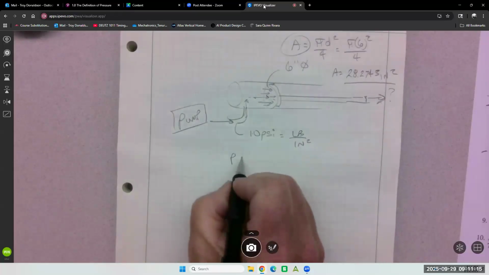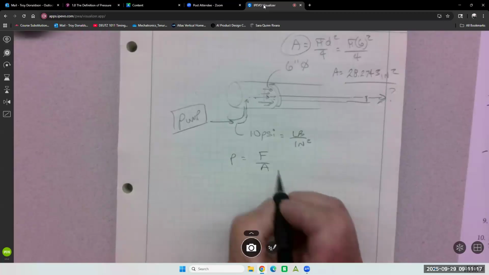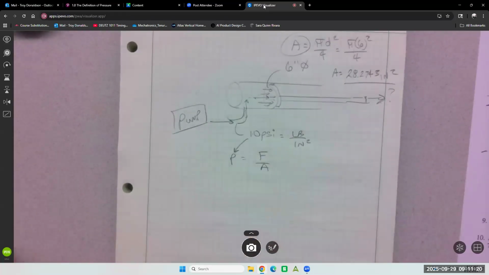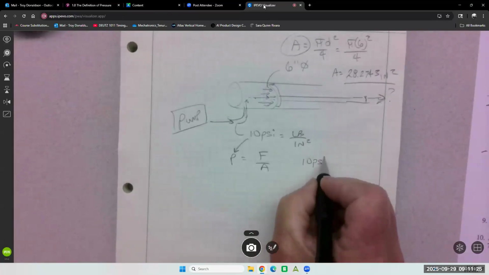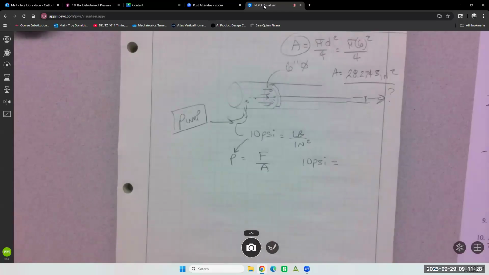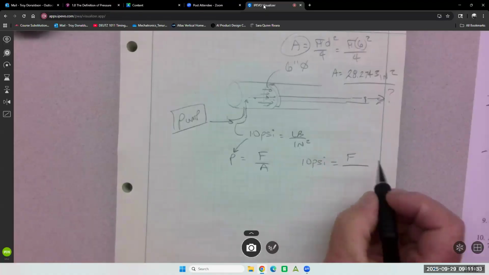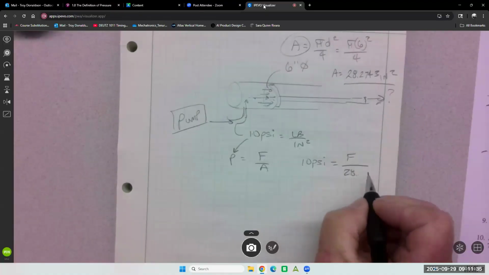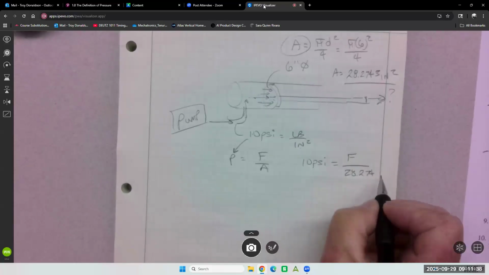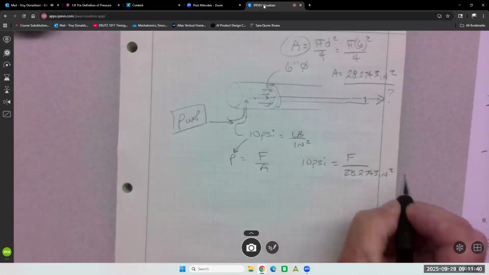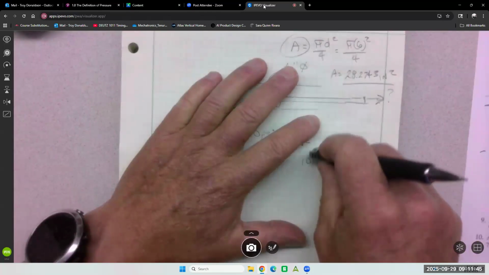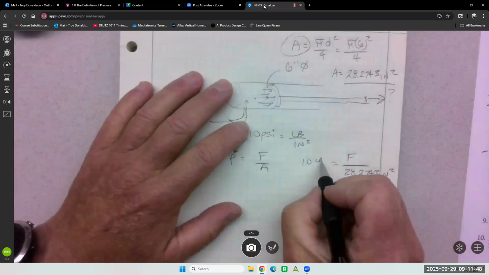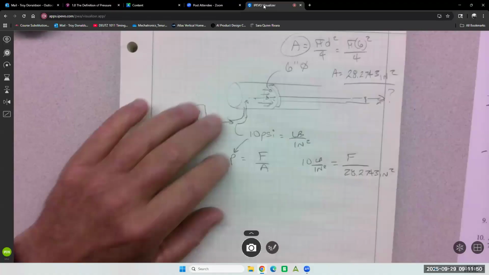The equation for pressure is force over area. I'm given the pressure, 10 psi, and I want to know the force, F, and I know the area, 28.2743 inches squared. And remember, the 10 psi is pounds per inch squared.